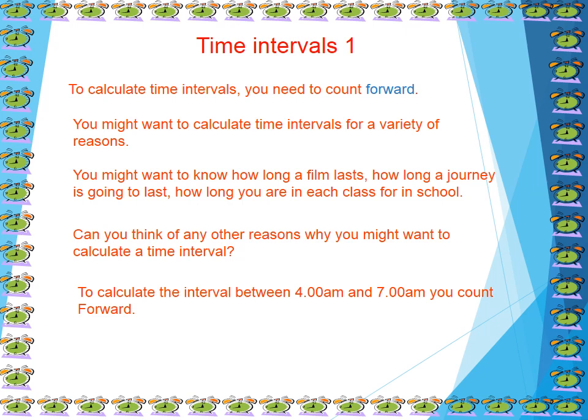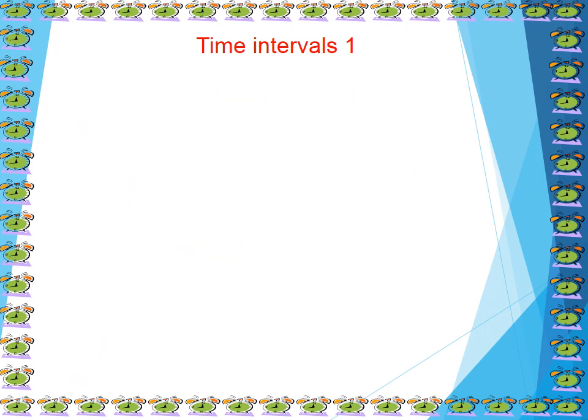To calculate the time interval between 4 a.m. and 7 a.m., you count forward. Start at 4 and count forward to 7. 4, 5, 6, 7. How many hours do we have between 4 and 7? Yes, it's 3 hours. Now let's practice more.